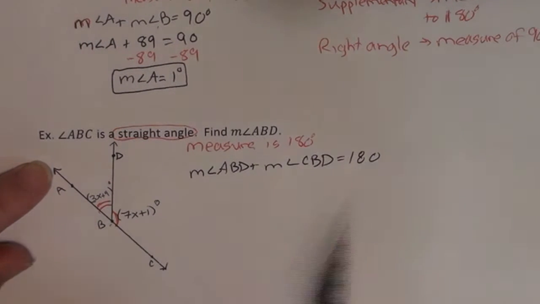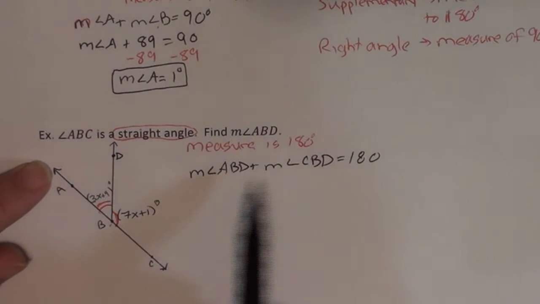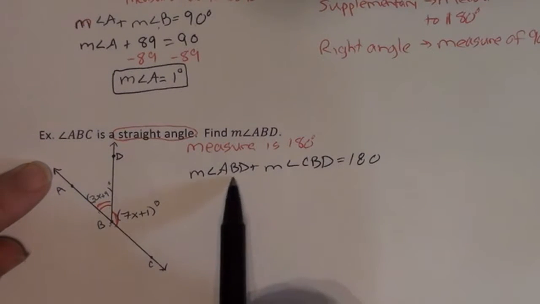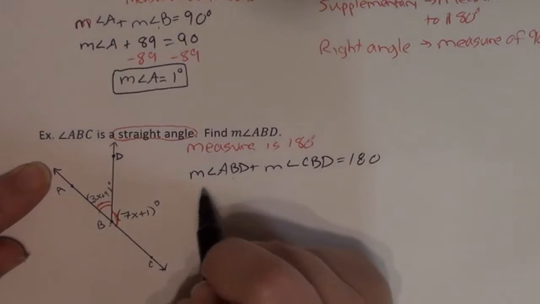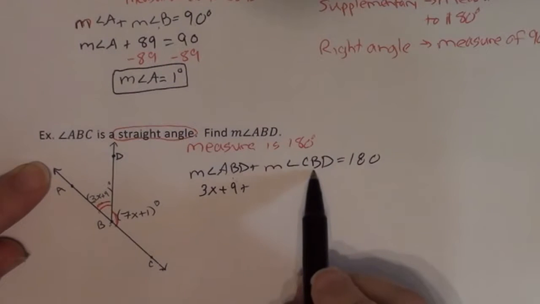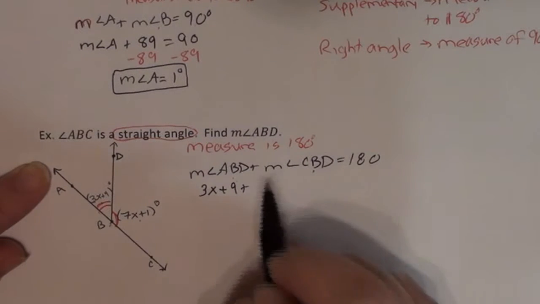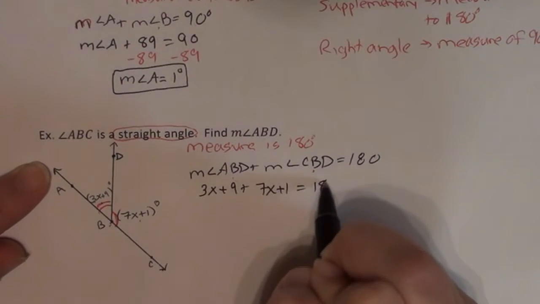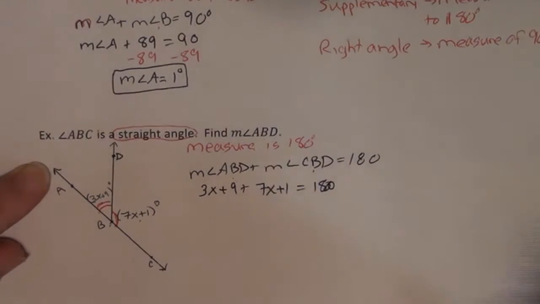Adding the two smaller angles adds up to the larger angle, which is 180 degrees. Now we don't know what either of those angles are immediately, so we have to substitute some stuff in. Angle ABD has a measure of 3x plus 9. Angle CBD has a measure of 7x plus 1. And we have a nice equation that we can solve.